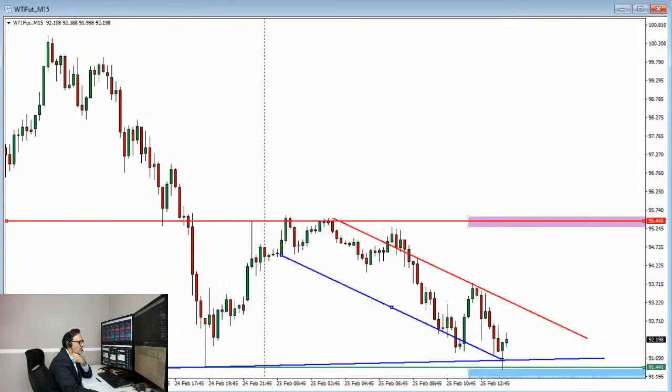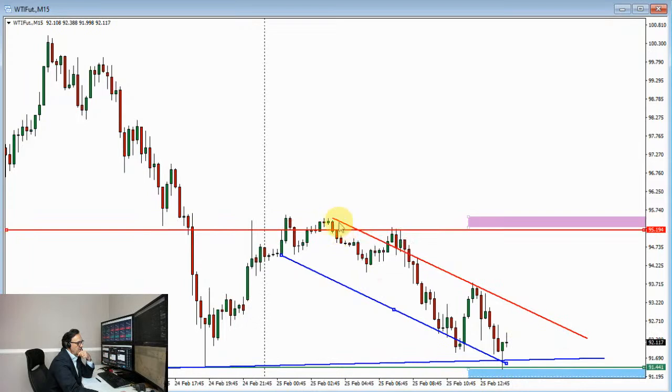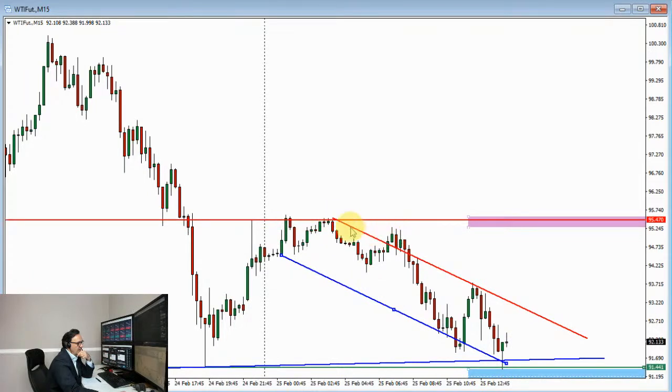From the shorter term 15-minute point of view, we have these significant lows and then lows and lows and lows. They came down here. They're testing this previous low.